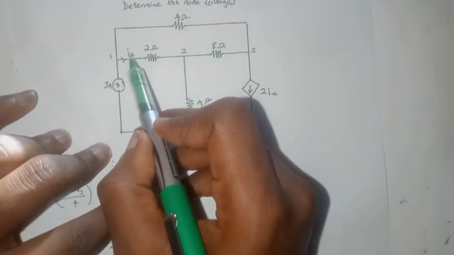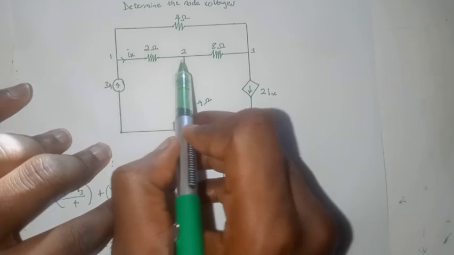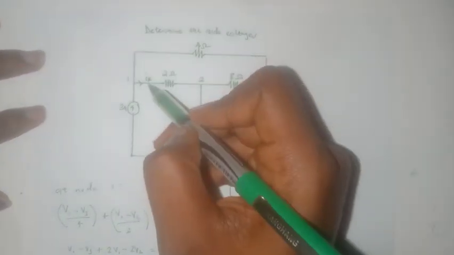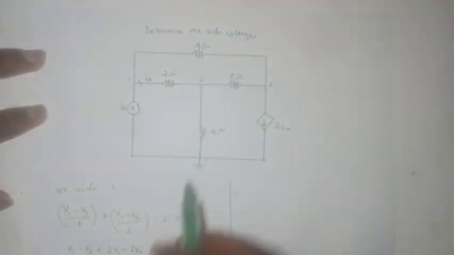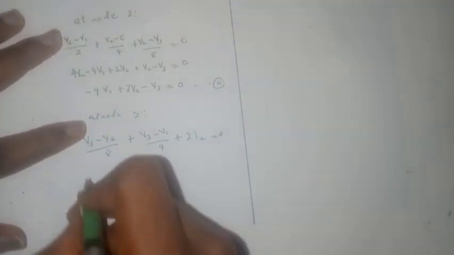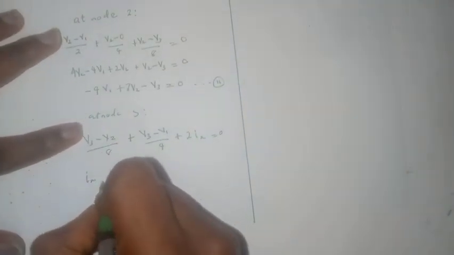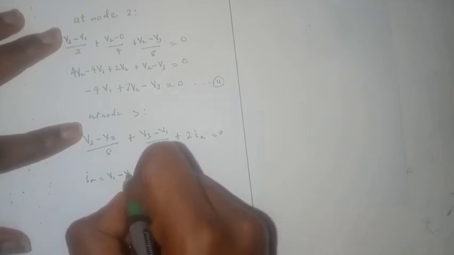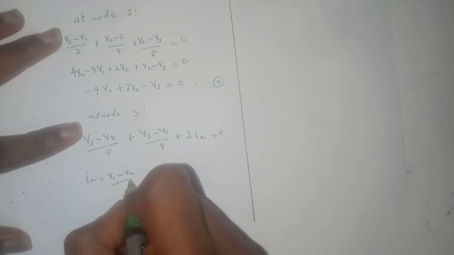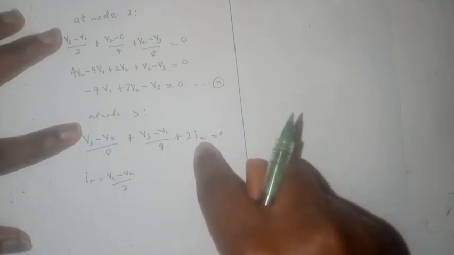Now you see that ix is the current flowing in this branch, so ix would then be V1 minus V2 divided by 2. So we can come down and write that ix equals V1 minus V2 divided by 2. Then we can substitute that in this equation.